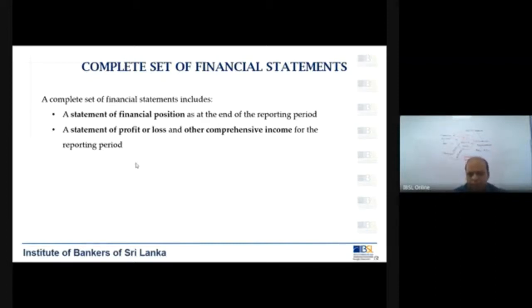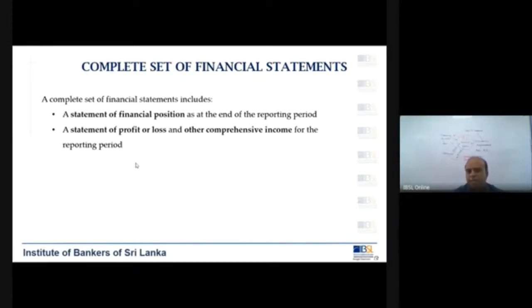But now your P&L will have two components. That is what we are indicated here. One is your profit or loss, which is directly from your business. And there is another element which is known as the other comprehensive income. Please remember this term, because from here onwards we will be using this term regularly.